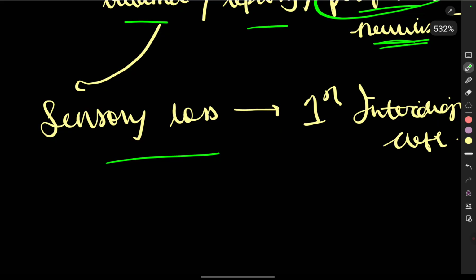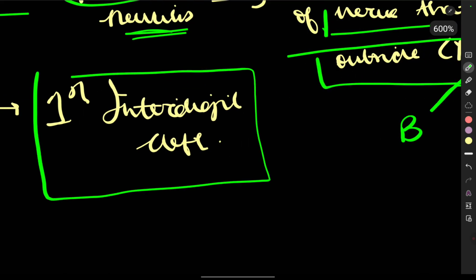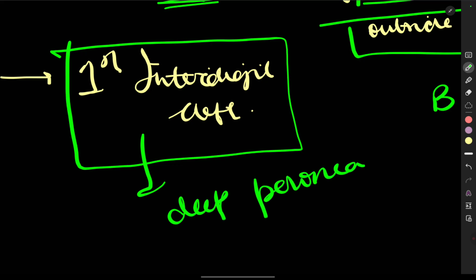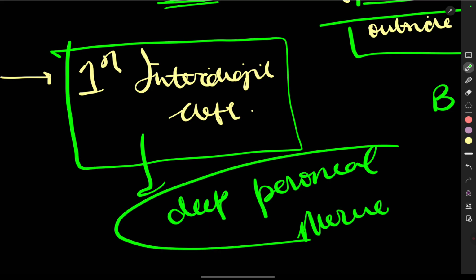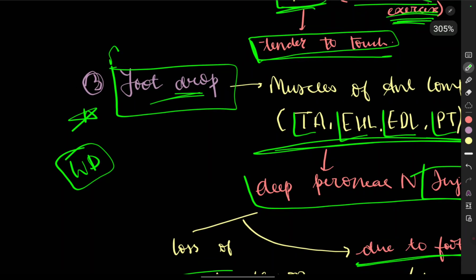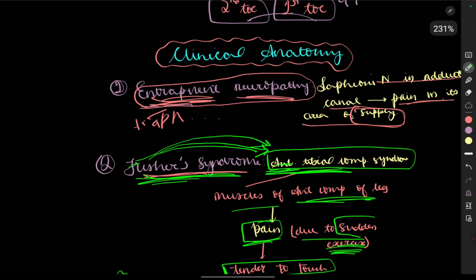It causes sensory loss in the first interdigital cleft, because this is supplied by the deep peroneal nerve, and its branches can also be affected. So this is about foot drop, an important clinical anatomy topic.